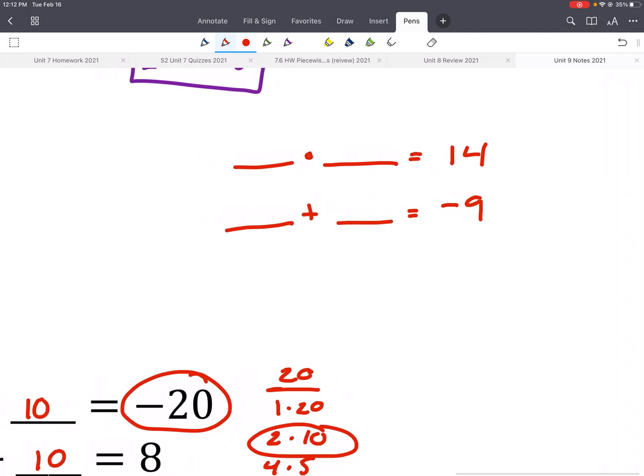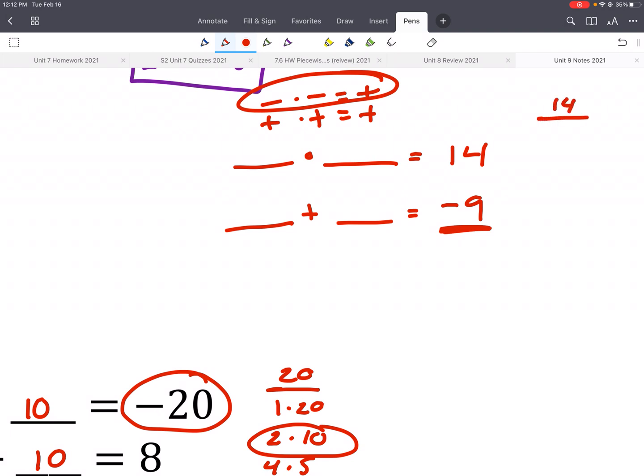So again, if you have 2 things and they give you a positive, then either they've both got to be positive or they both got to be negative. So a negative times a negative gives you a positive. Okay? Since this is negative, what adds to negative 9, then we've got to have 2 negative numbers.